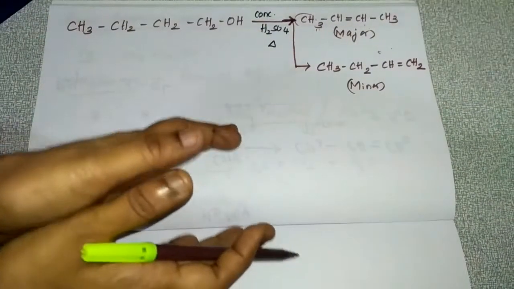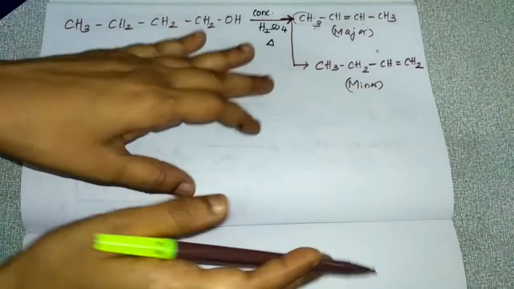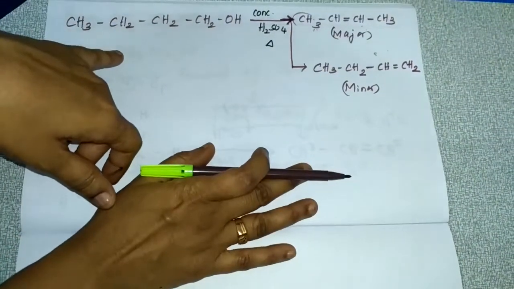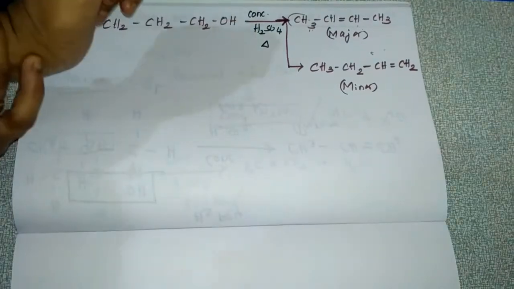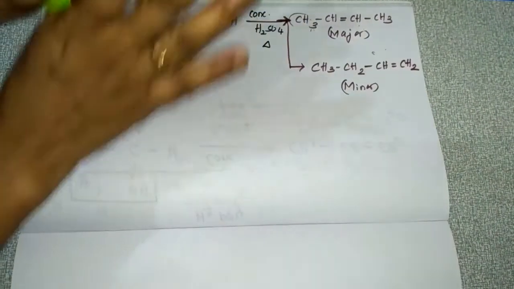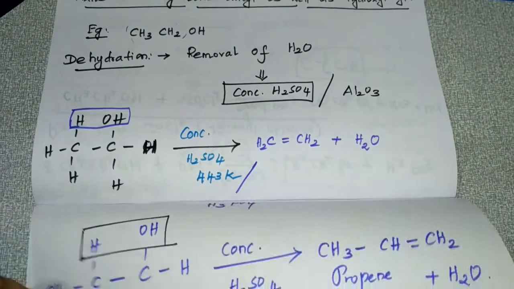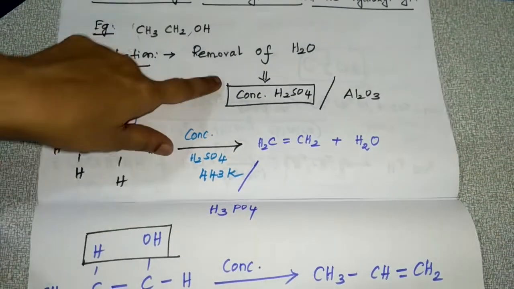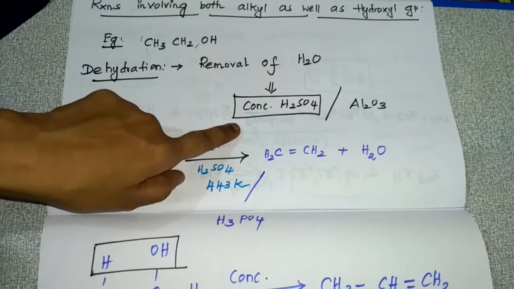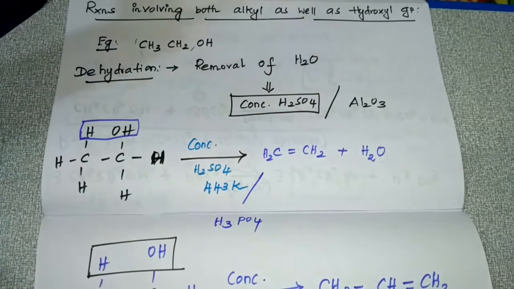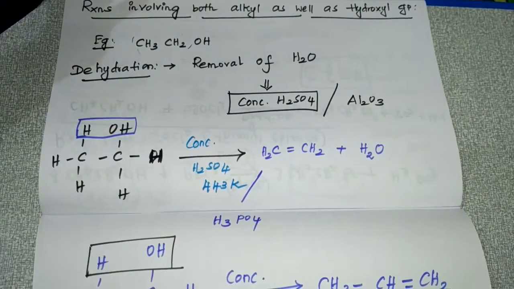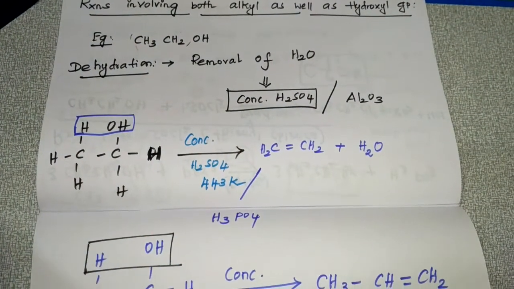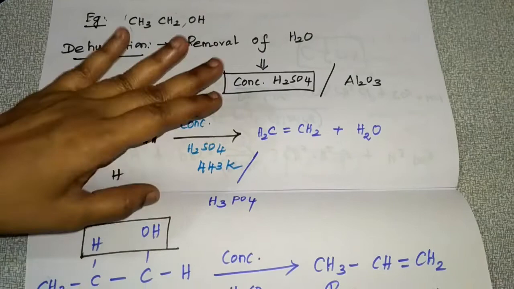So if dehydration of an alcohol gives more than one isomer, the highly substituted alkene will be your major product. So what we learned: dehydration is removal of water by using concentrated sulfuric acid or by passing alcohol vapors over alumina, and the formed product will be an alkene.